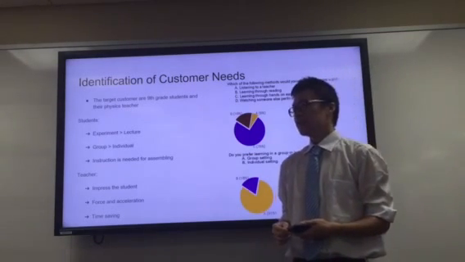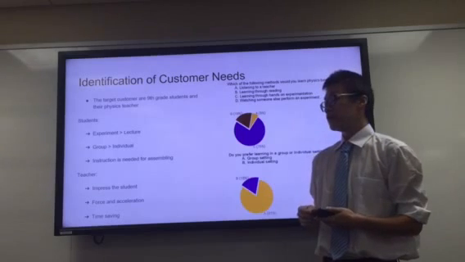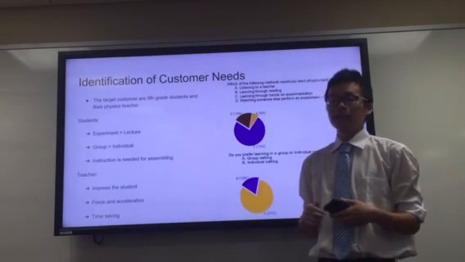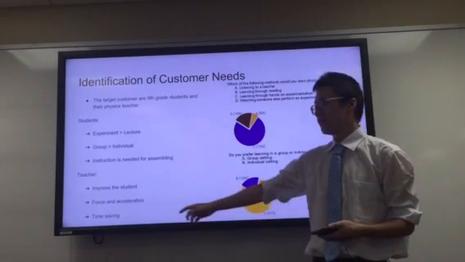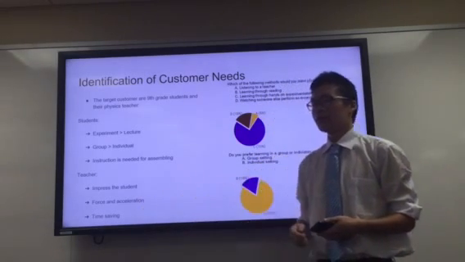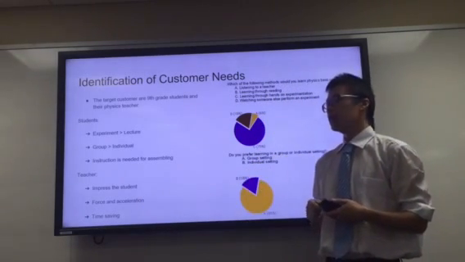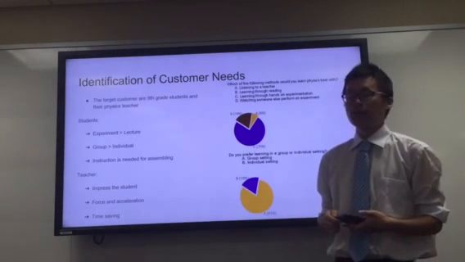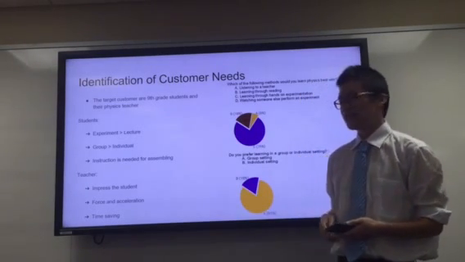For the teachers, we found most teachers wish the product can impress their students with some key physics concepts like force and acceleration. Also, the teachers wished to cut down the assembling time for the product so the students will have more time to do the experiment.